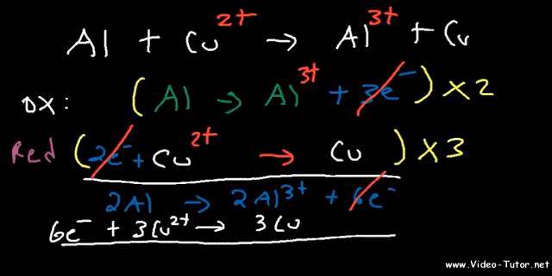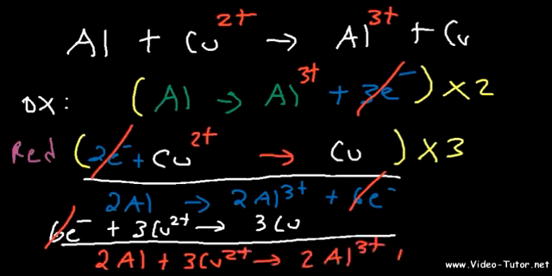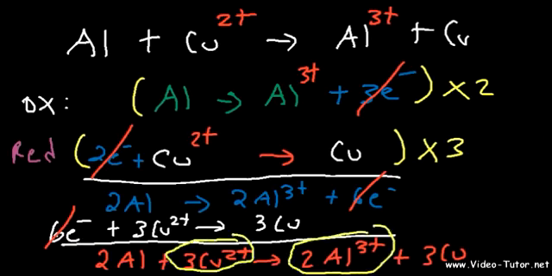So as you can see, these cancel, and then we're left with 2Al plus 3Cu2 plus. And on the right side, we have 2Al3 plus 3Cu. And now it's balanced. Notice that the total charge on the left side is the same as the total charge on the right side. 2 times 3 is 6, 3 times 2 is 6. Both sides have a total charge of plus 6.